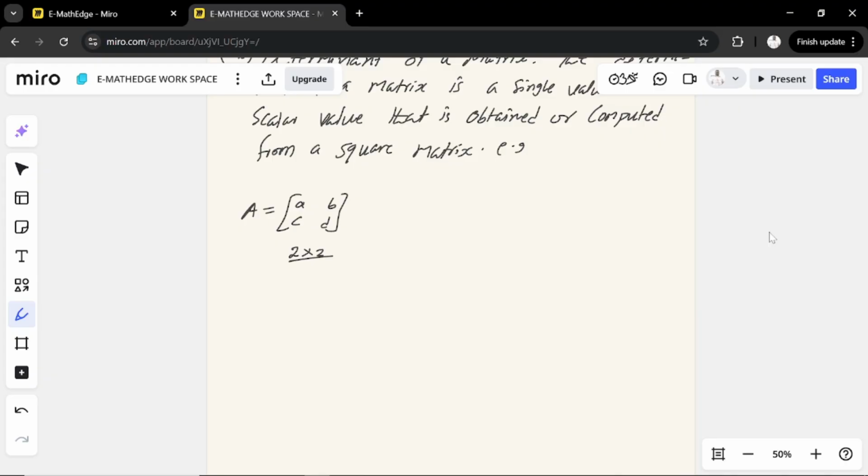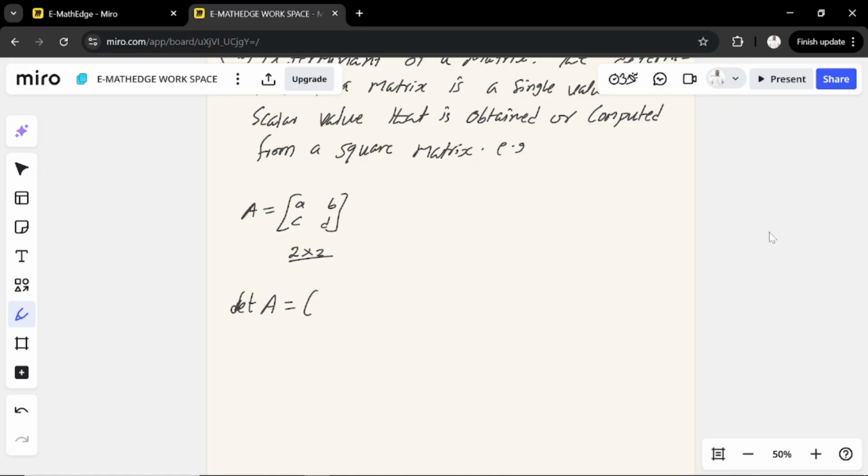To obtain the determinant of this matrix, we are going to have determinant A equal to, now the main diagonal of this matrix is a down to d, right? a and d form the main diagonal. It is going to be the product of the elements that make up the main diagonal minus the product of the other diagonal, which is c and b.